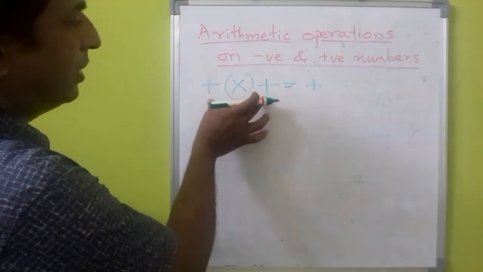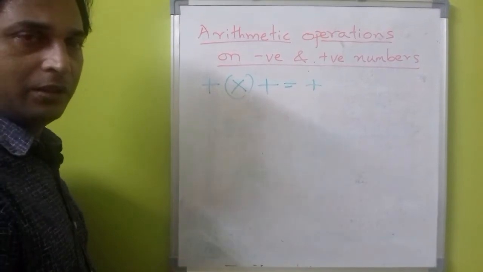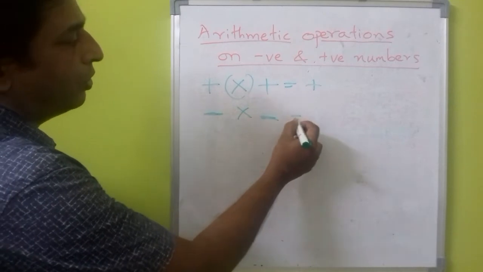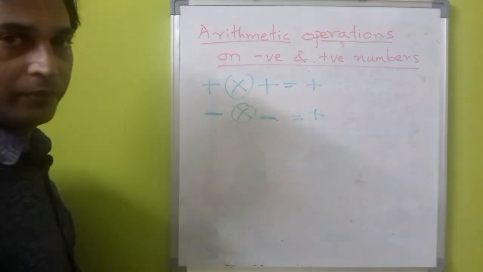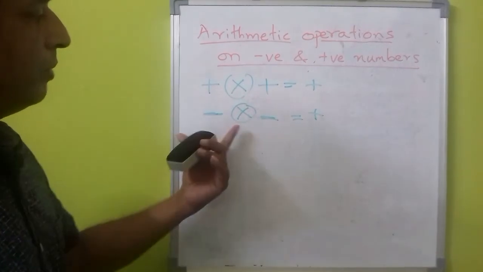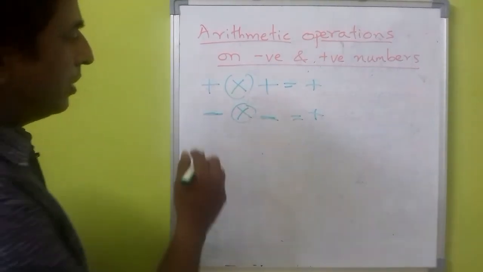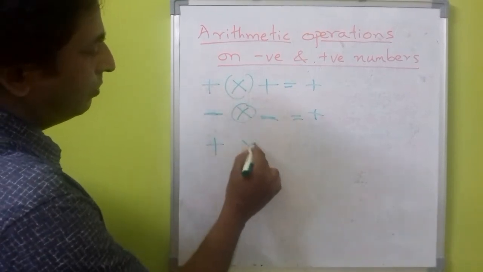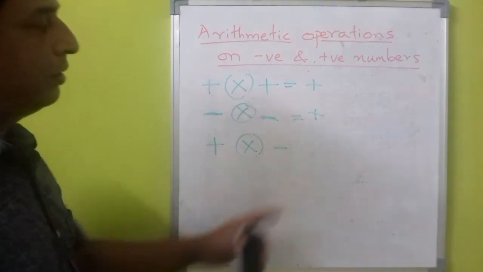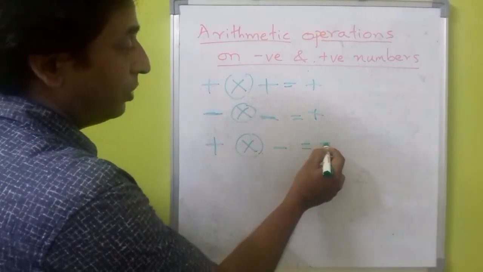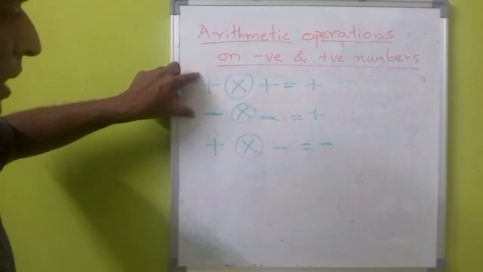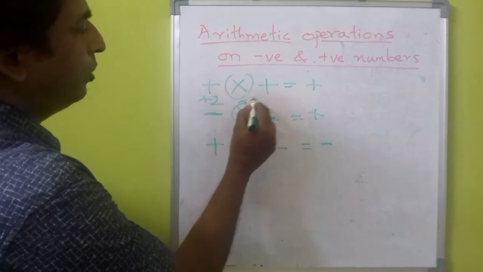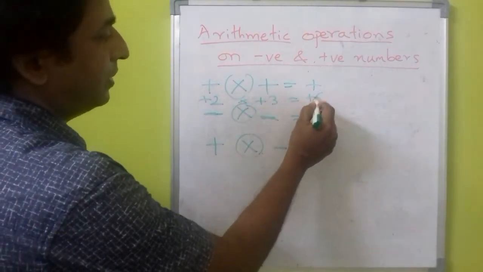Right? Both the signs are the same. The result is positive. Here negative multiplied by negative will also give you positive. Both negative numbers multiplied will give you positive. A positive multiplied by a negative number, you will get a negative number. So here the rule is when both the signs are the same, for example plus 2 into plus 3, you will get plus 6.